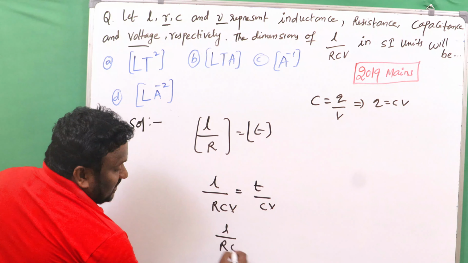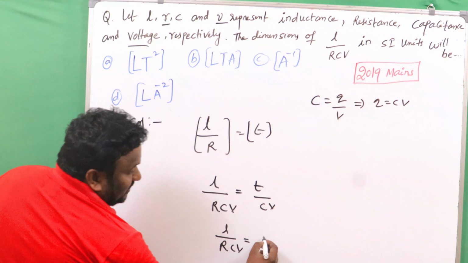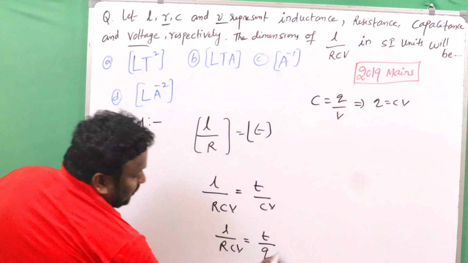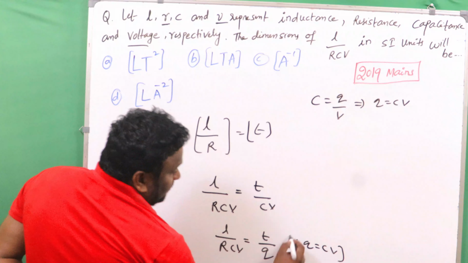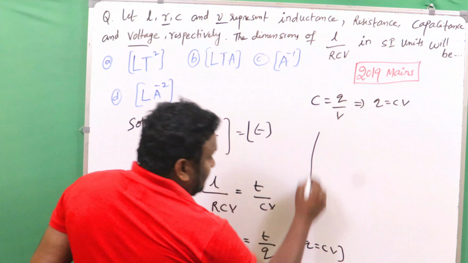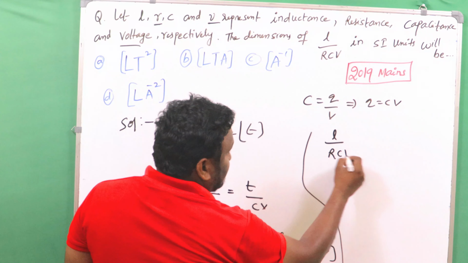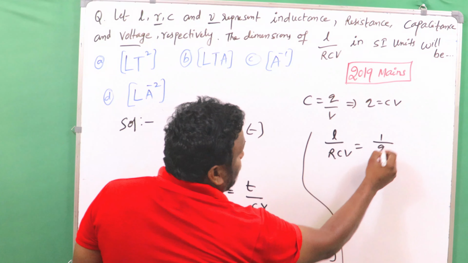L by RCV is equal to T by Q, because Q is equal to CV. From that you have to write L by RCV is equal to 1 by (Q by T).